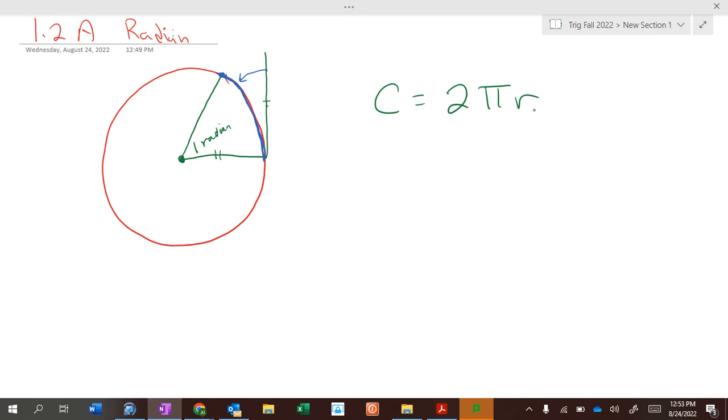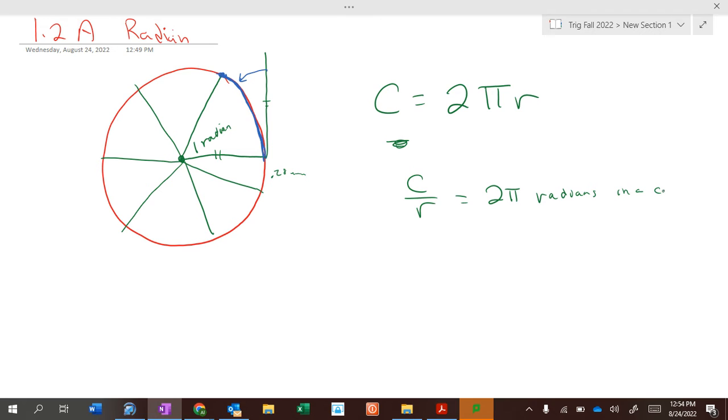So to figure out how many radians are in a circle, well, there's 1 radian, there's another, there's another, there's another, there's another, with a little bit, 0.28 and so on, left over. Because the circumference divided by the radius equals 2 pi, there are 2 pi radians in a circle. Now, how many degrees are in a circle?